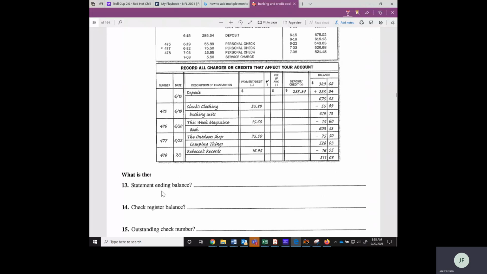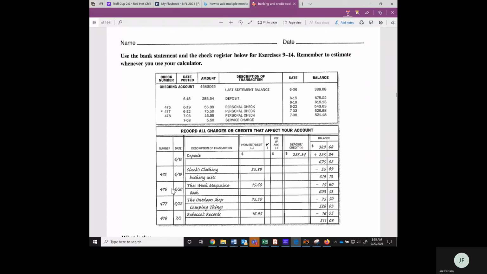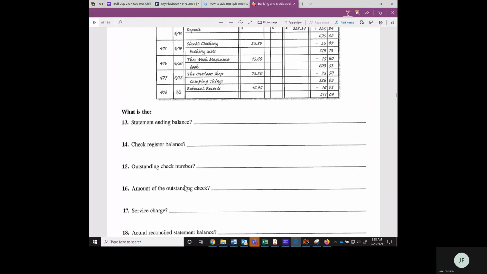Okay, first question, the statement ending balance. You look at our statement, the last date, it's right there: 5/21/18. $521.18. Check register balance, it's right here: $511.08.